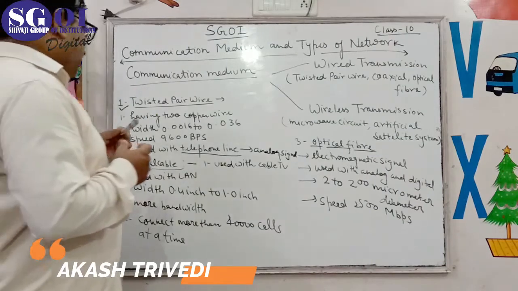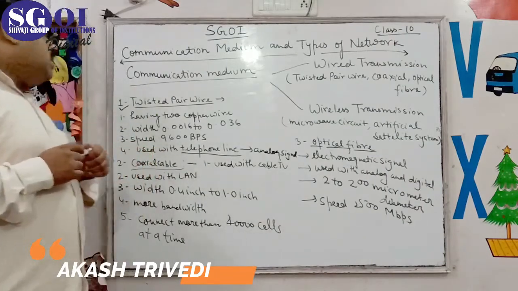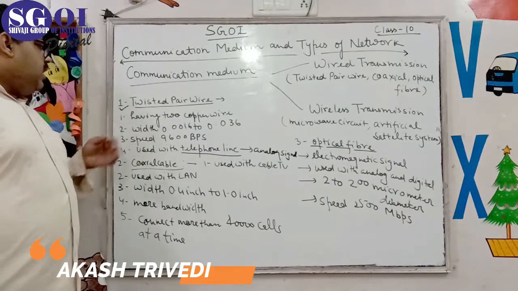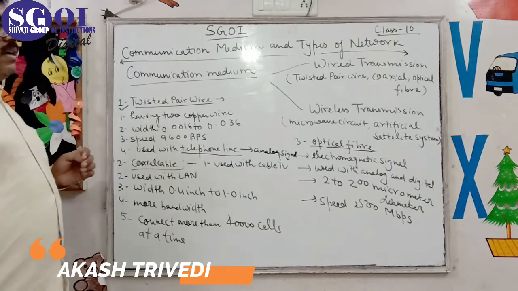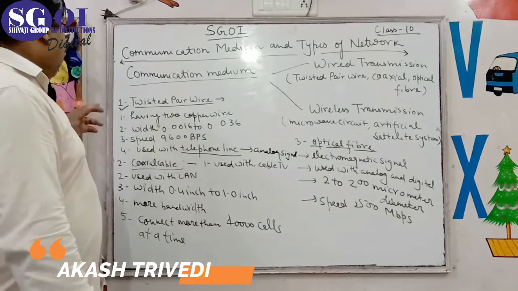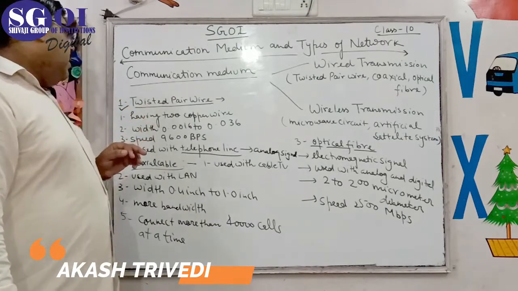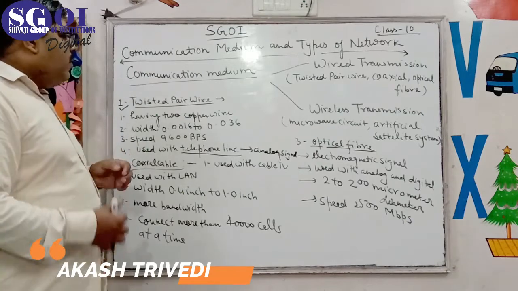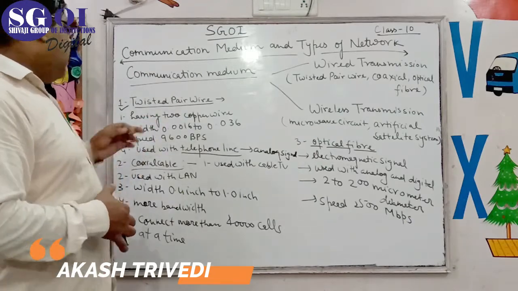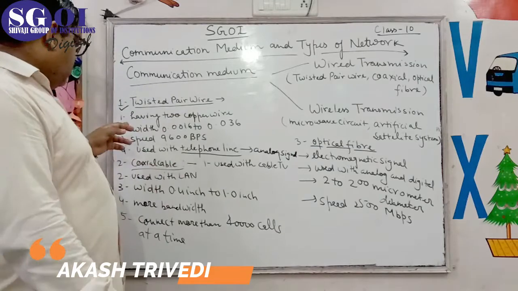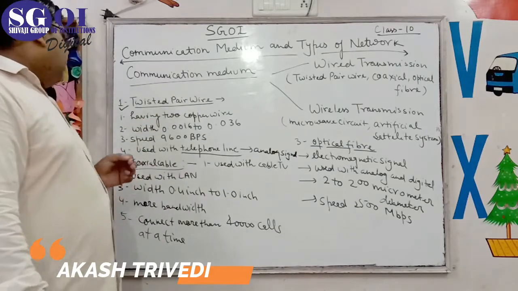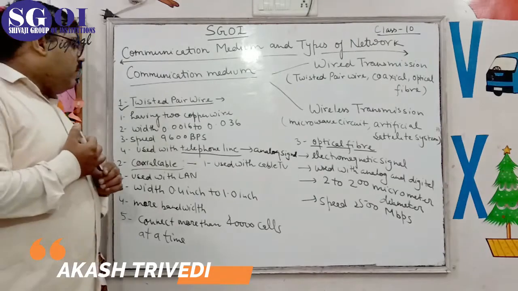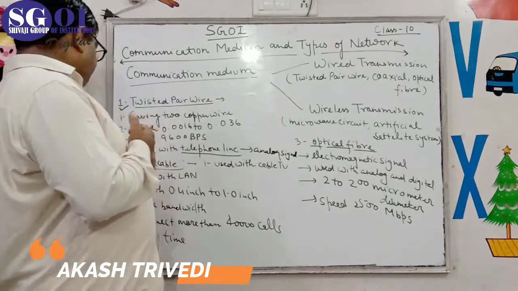Twisted pair wire is also known as unshielded twisted pair wire. In twisted pair wire, there are two wires working as a pair, made of copper. Why do we use copper? Because copper is a conductor. An insulating material, plastic, covers the copper wire.